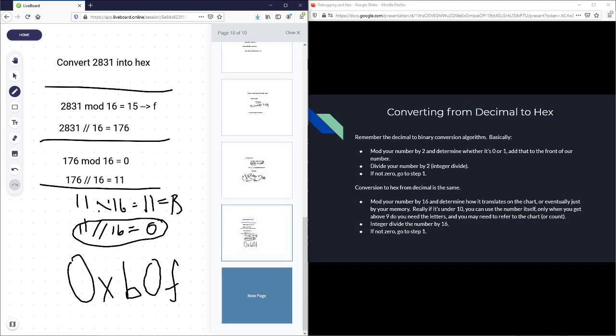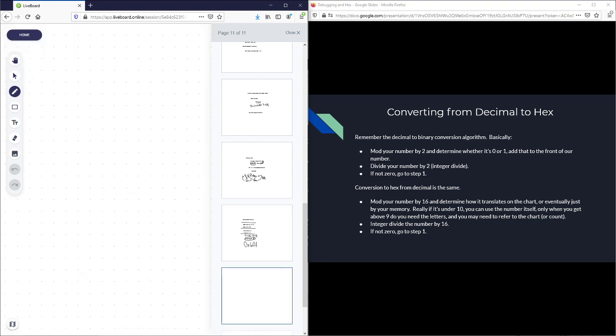All right, let's do it again. Let us convert 327 into hex.